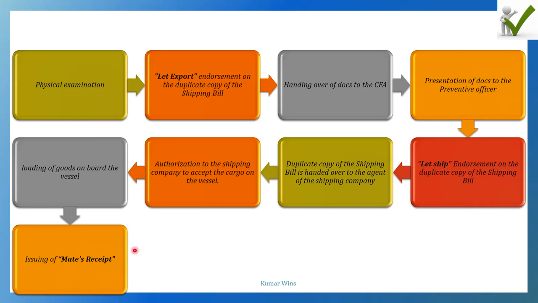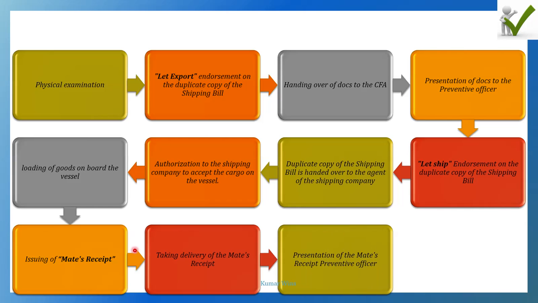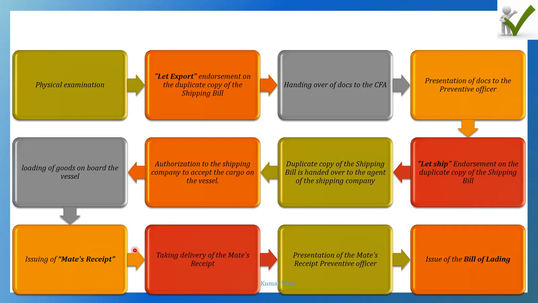The METS receipt is one which is issued by the captain of the ship, and this METS receipt is presented to the shipping company to request it to issue the BL. Okay, so here the shipping company issues the bill of lading or BL copy.